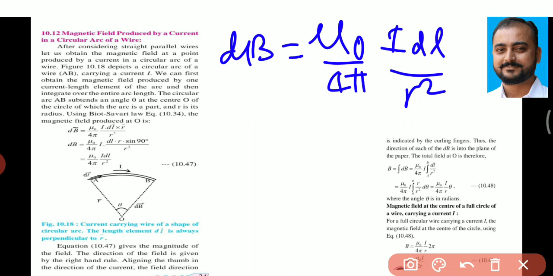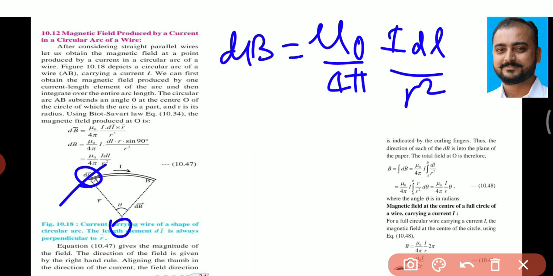Then, the magnetic field produced due to this small element is present at point A, but where should it be produced? At this point O. It means the magnetic field produced at point O due to only this small element dl.